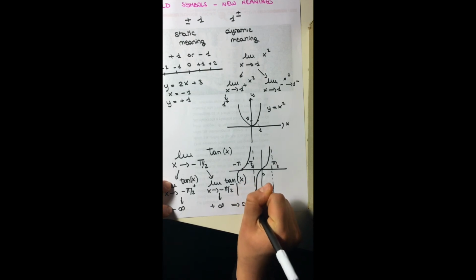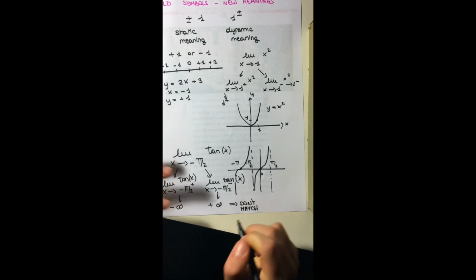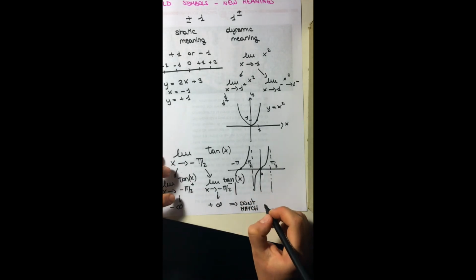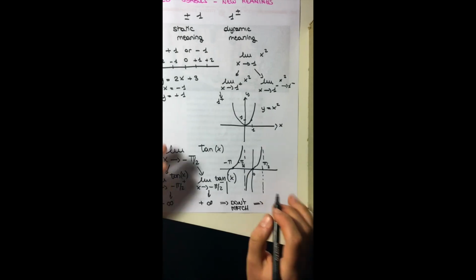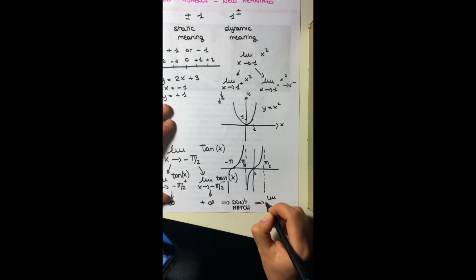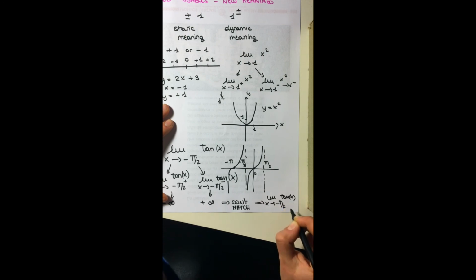If the solutions are not the same, we can conclude that the limit as x approaches negative pi divided by 2 of tan of x does not exist.